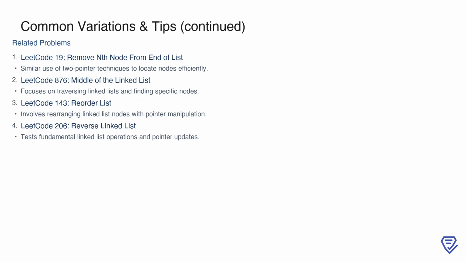In LeetCode 143, reorder list, you'll encounter pointer manipulation to rearrange nodes, much like in rotate list. Lastly, LeetCode 206, reverse linked list, tests your understanding of basic linked list operations and pointer updates. Practicing these related problems will deepen your understanding of linked list manipulation and help you recognize patterns across different questions.